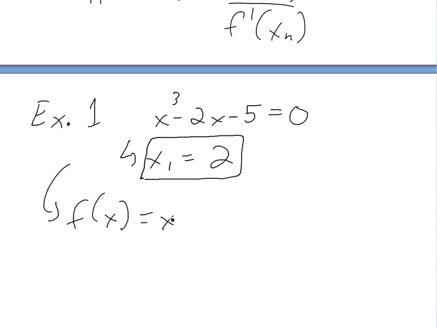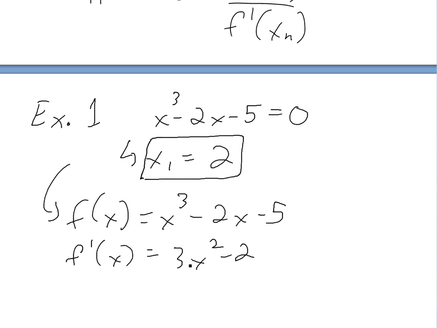We'll just let f of x equal x cubed minus 2x minus 5, and then the derivative is 3x squared minus 2. This is the derivative here.